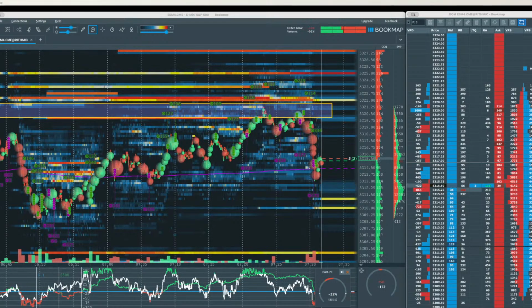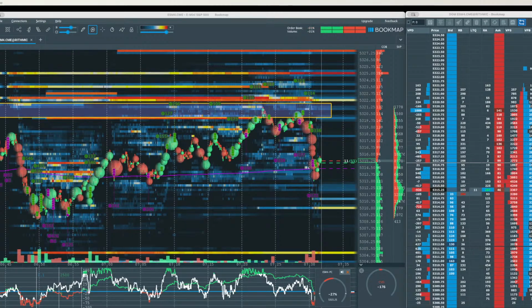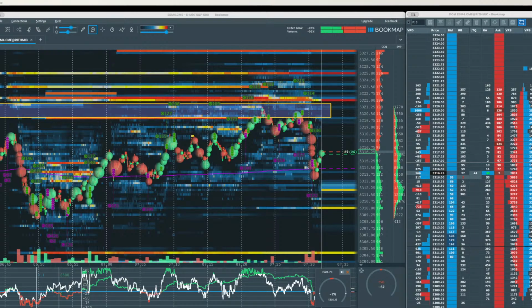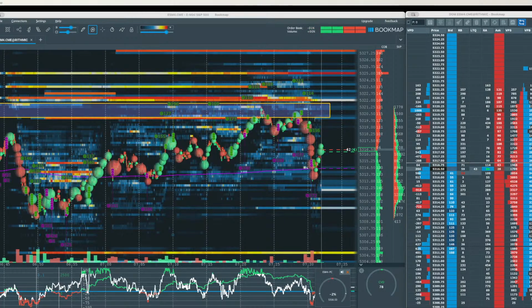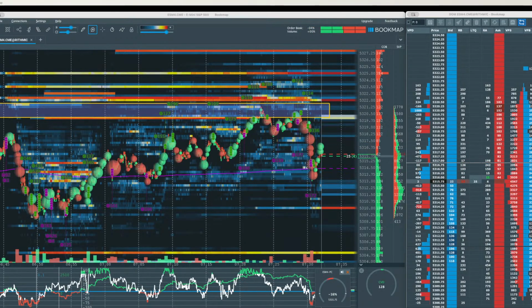All right, so I take a stab at this up there at the 53.19s and finally moving down, but it's finding support at VWAP again. I have my target down at 53.02. So the question is, can we keep pushing down?